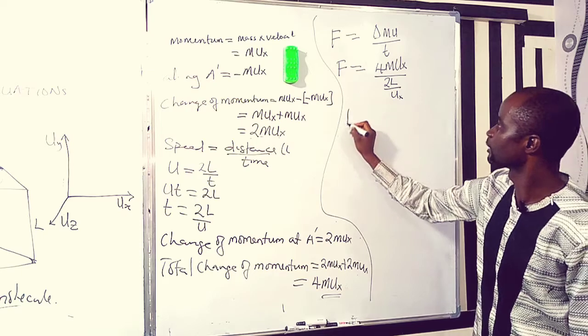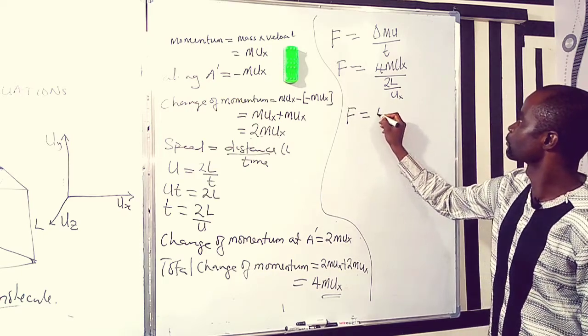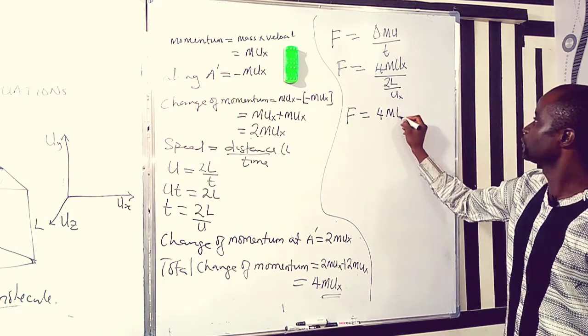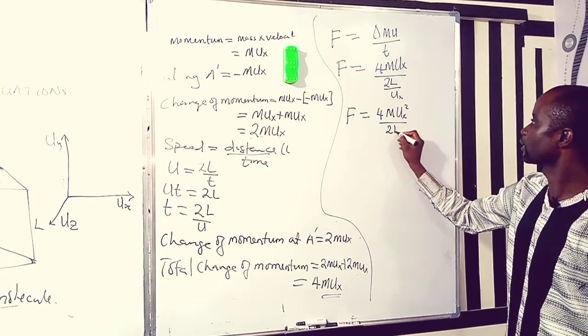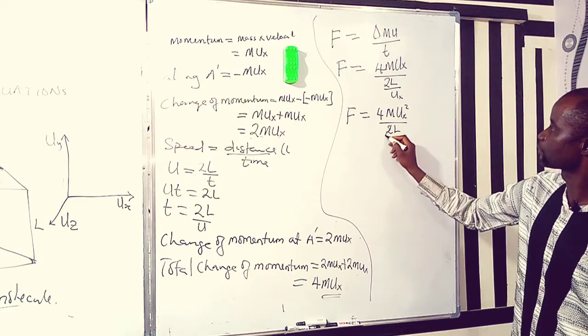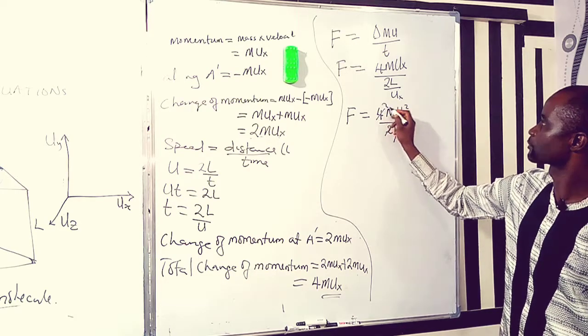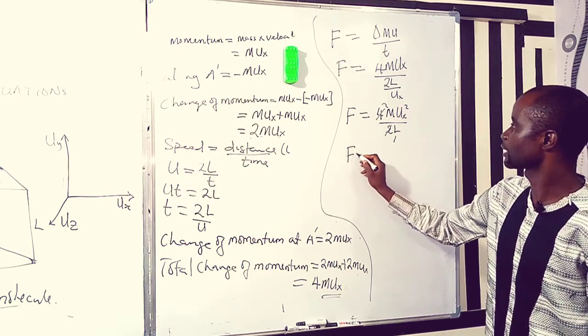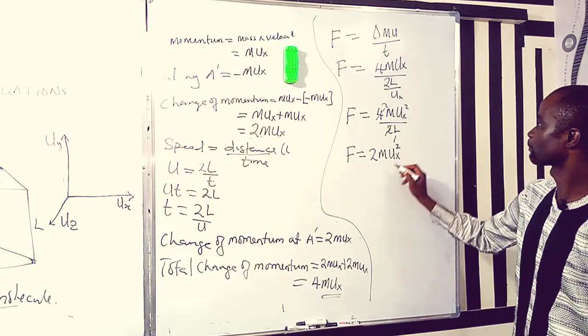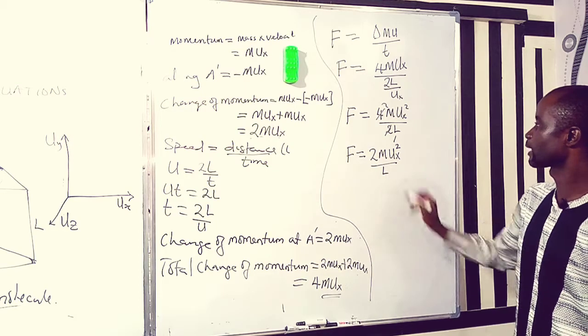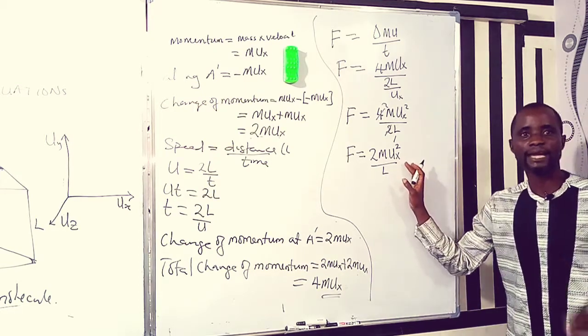At the end of the day, F now will be equal to 4mux squared over 2L. Now, 2 goes into 2 once, and then we have F now equal to 2mux squared over L.